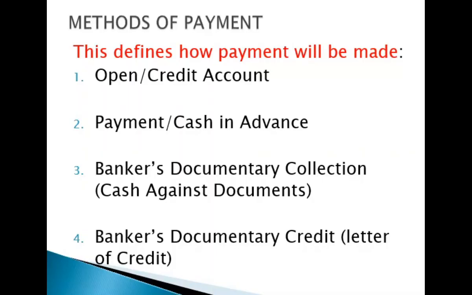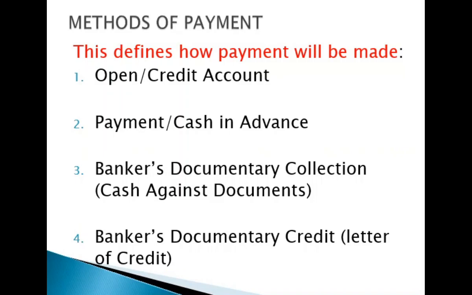Let us start with method of payment. Method of payment defines how payment will be made. This is to do with the how of payment. And there are 4 of them. Number 1 is open or credit account.